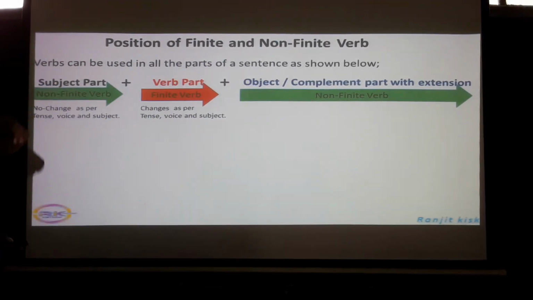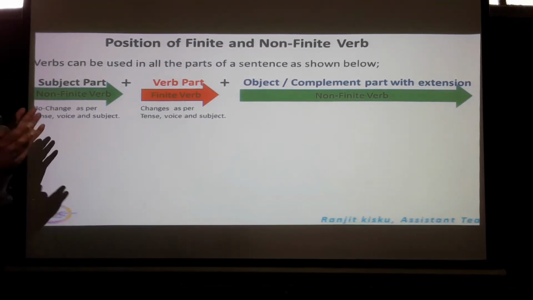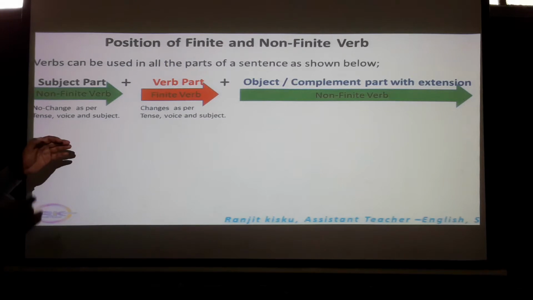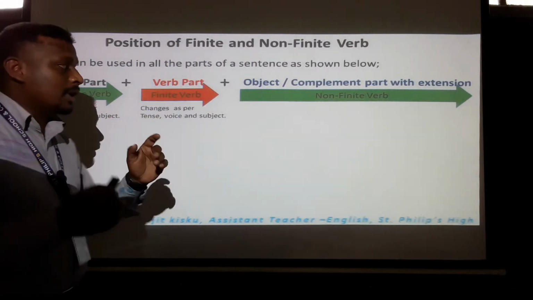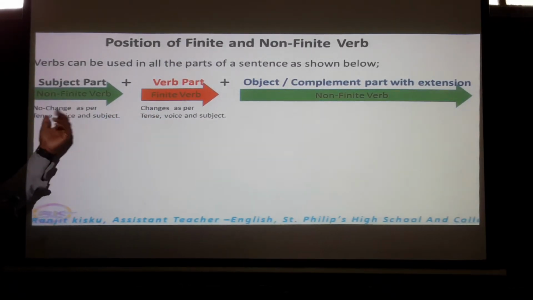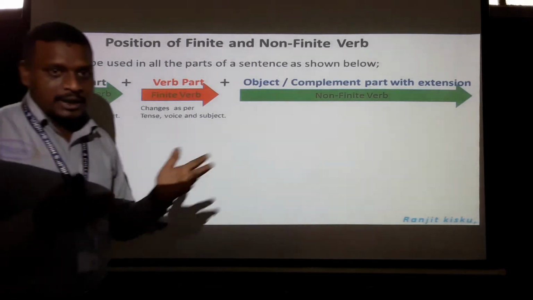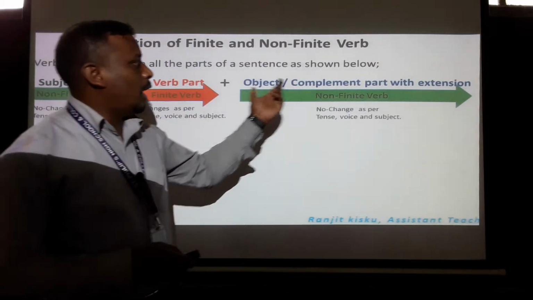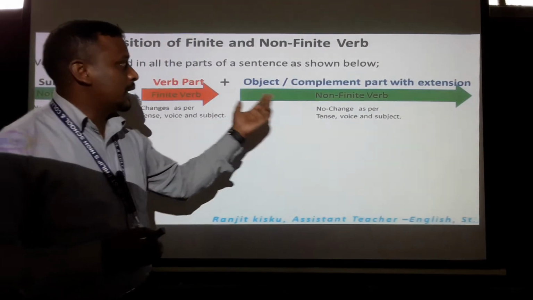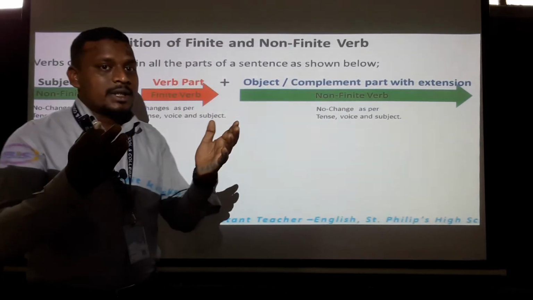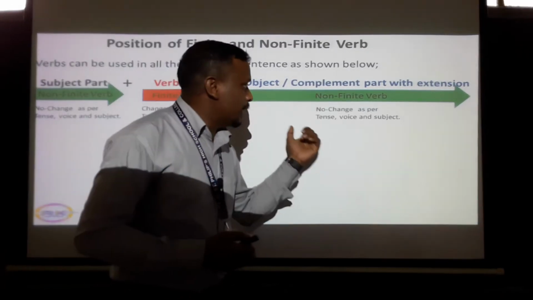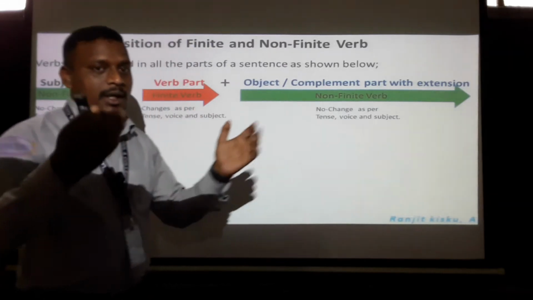Now, in the subject part, we find non-finite verbs. Non-finite verbs are verbs that are not changed as per tense, voice or subject. Got it? And in the object part, we also get what? Non-finite verbs, which are not changed as per tense, voice or subject. Got it?